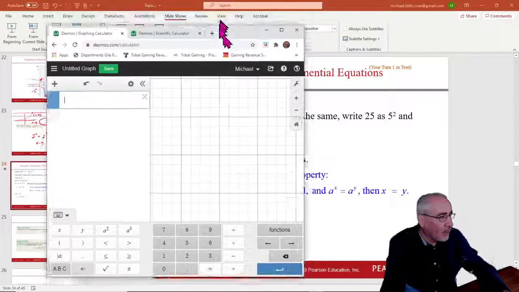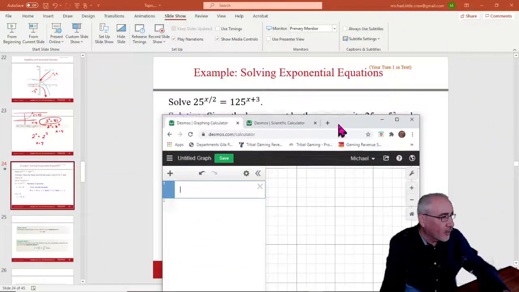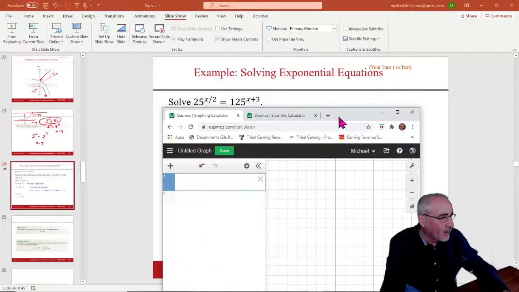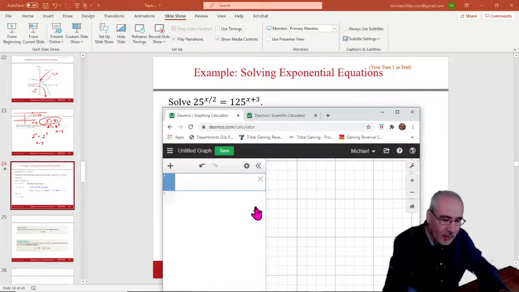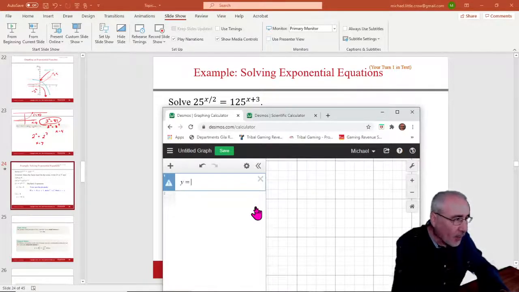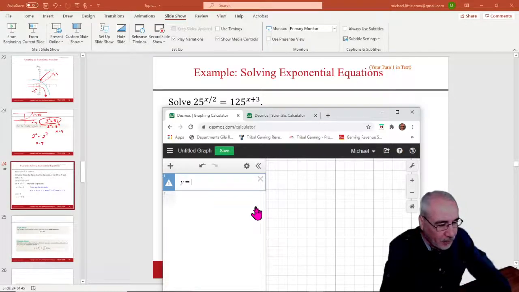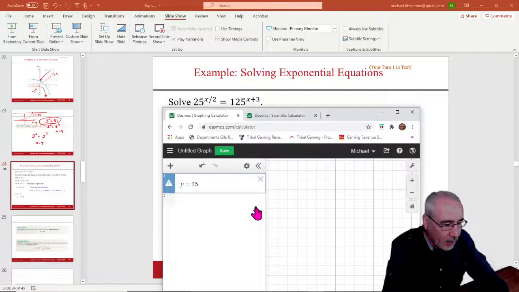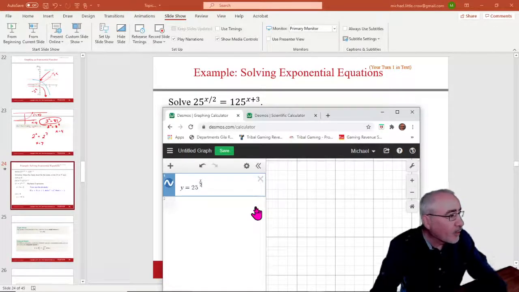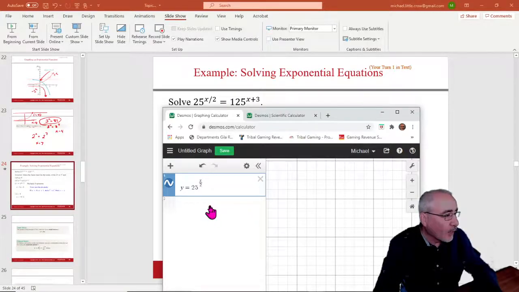They're going to do it by hand, but I'm going to show we can do this as y equals 25 raised to the x divided by 2. So that's one graph.